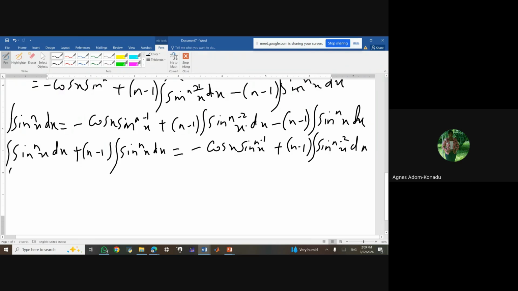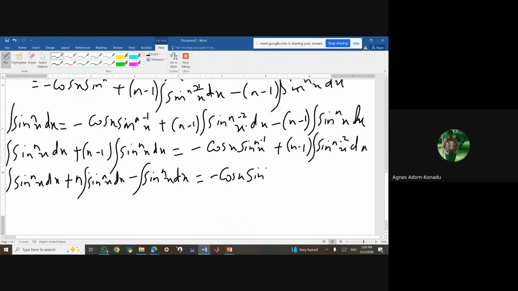So I'm going to get integral sine nx dx plus n integral sine nx dx minus, so the negative one is minus 1 integral sine nx dx is equal to minus cos x sine n minus 1x plus n minus 1 integral sine n minus 2x dx.